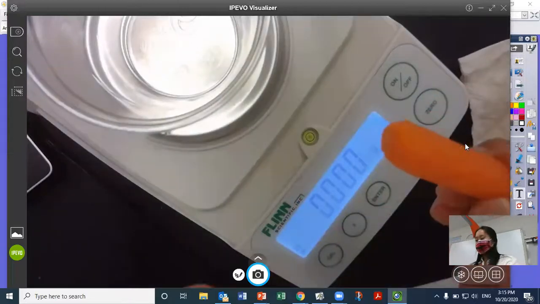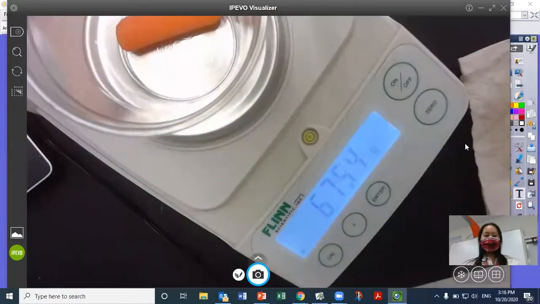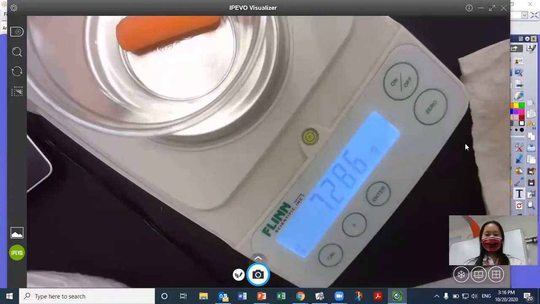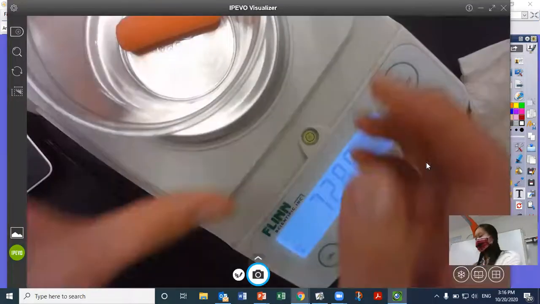Next carrot is going to be going into the cup for massing. .29 grams. And that one's going to go into our blue sucrose solution.